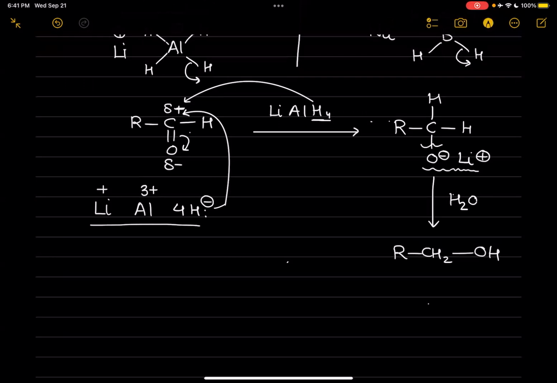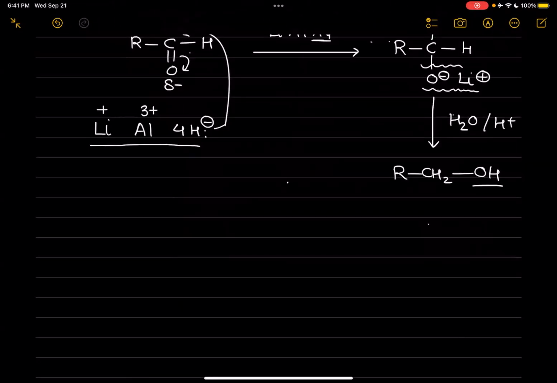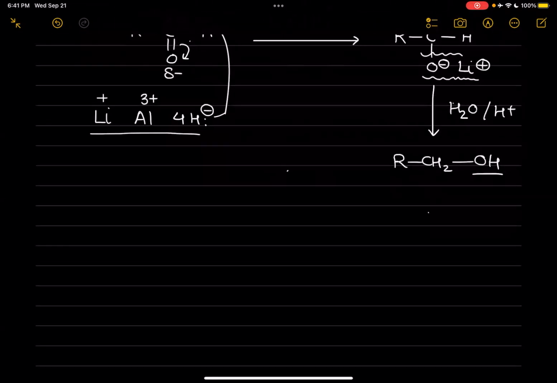This H is this one, O minus. And once you have that O minus, you put water for neutralization and it will become OH. Right? Yes, sir. Clear? So that's how the reaction will progress. Rayan, Anushka, is it clear? Yes, sir, clear.